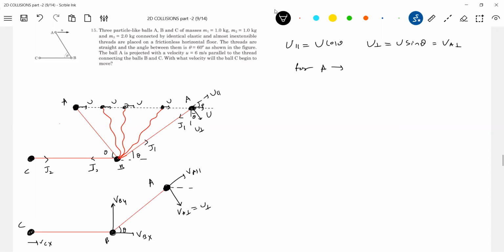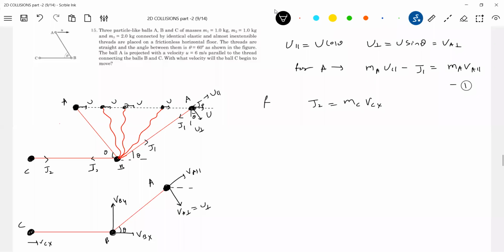For A, it will be M. The particles' masses are different, M1, M2. I'll write MA, let me retain that symbol. MA U parallel minus J1 is equal to MA VA parallel. That's one equation. Then for particle C, J2 should be equal to MC VCX.